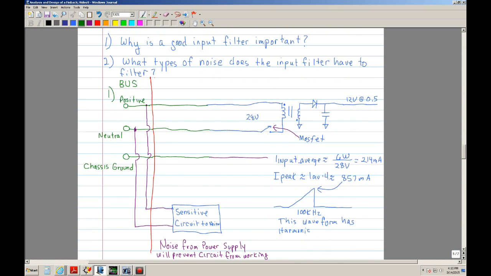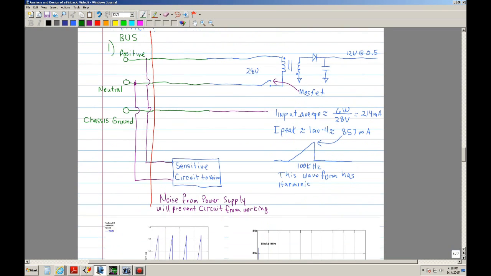Okay, so here's a little schematic, and this is trying to illustrate the reason why. The projects, or the switching power supplies that I designed, are basically DC to DC converters, and they're meant for space application.